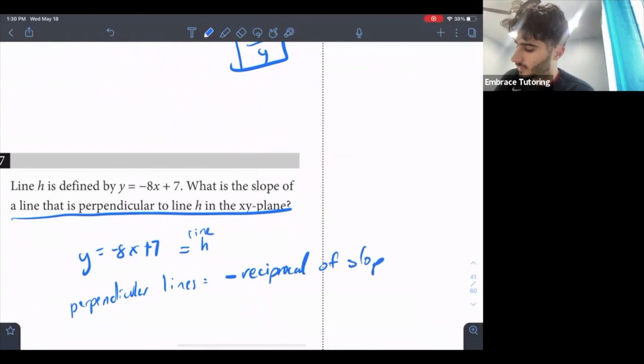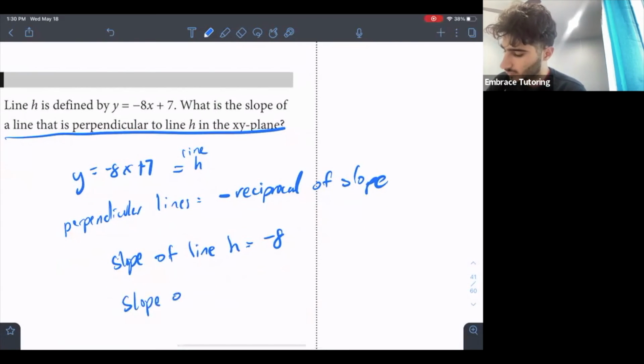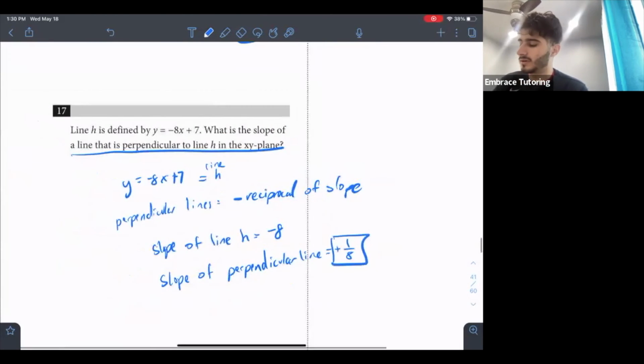Since the slope of line h is negative 8, the slope of the perpendicular line is positive 1 over 8. And that is our answer.